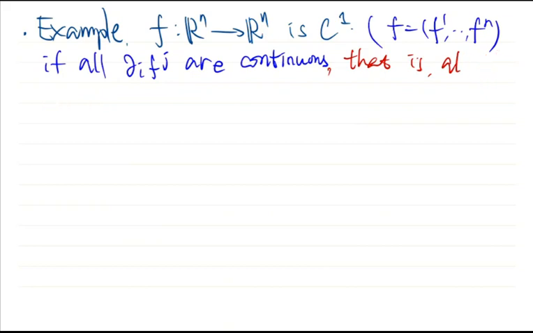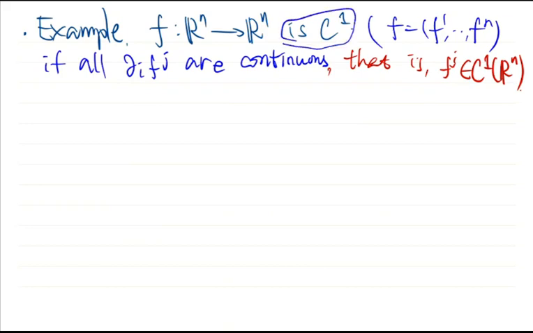That is, using our previous notation, all the Fj belong to C1(Rn) for all j. This is what we mean by the map F being C1.